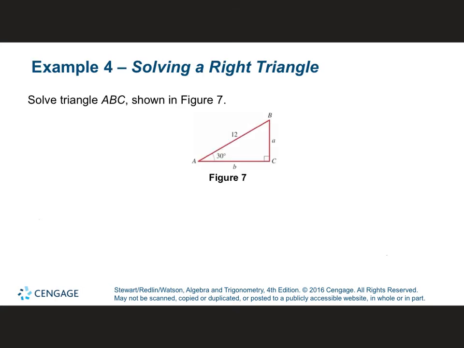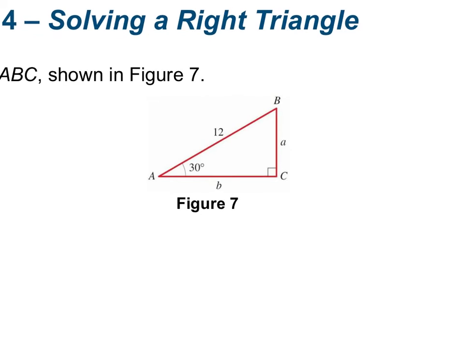If we look at example 4, we're told to solve the triangle ABC that's shown here. So with these, you have angle A, you have angle B, you have angle C. You're given angle A and angle C. The angle A is 30 degrees, angle C is 90 degrees. If you think back to geometry, think 30, 60, 90 triangles.